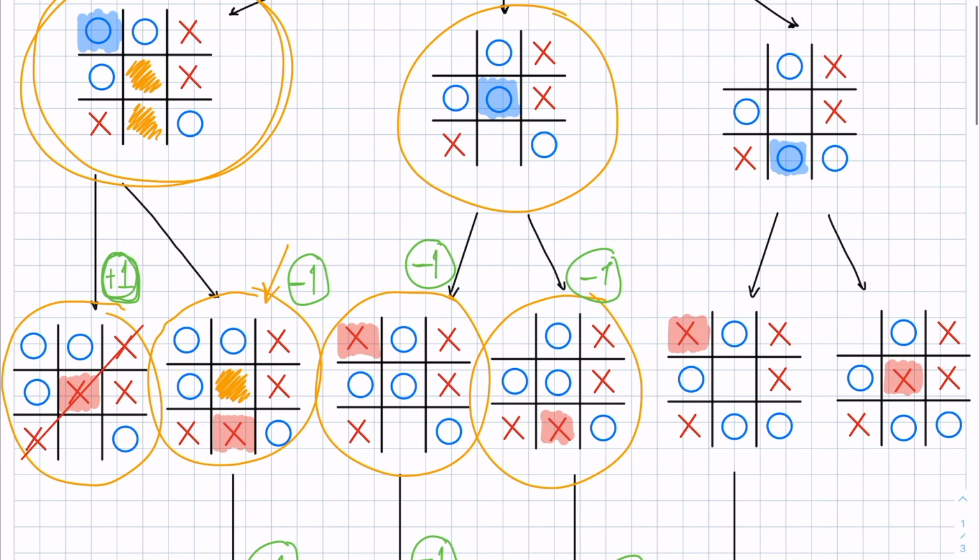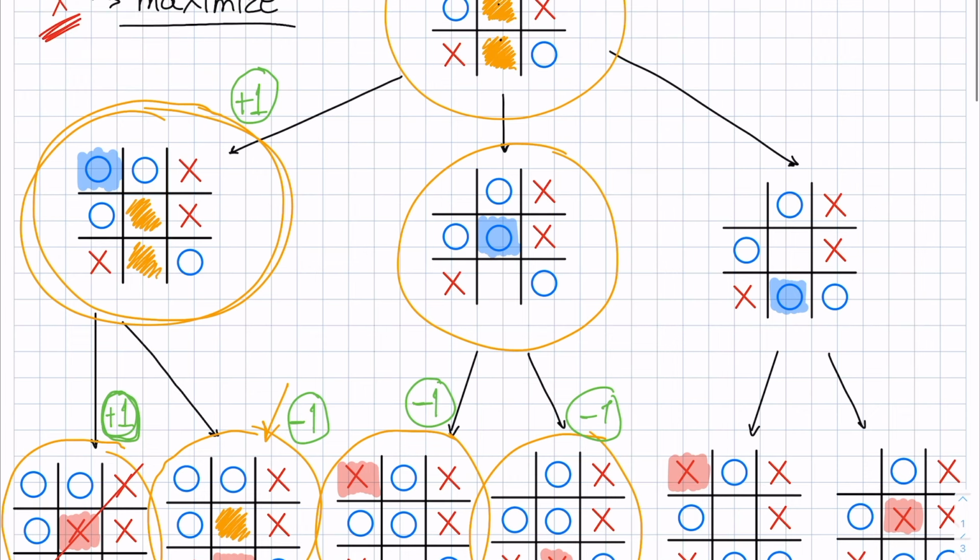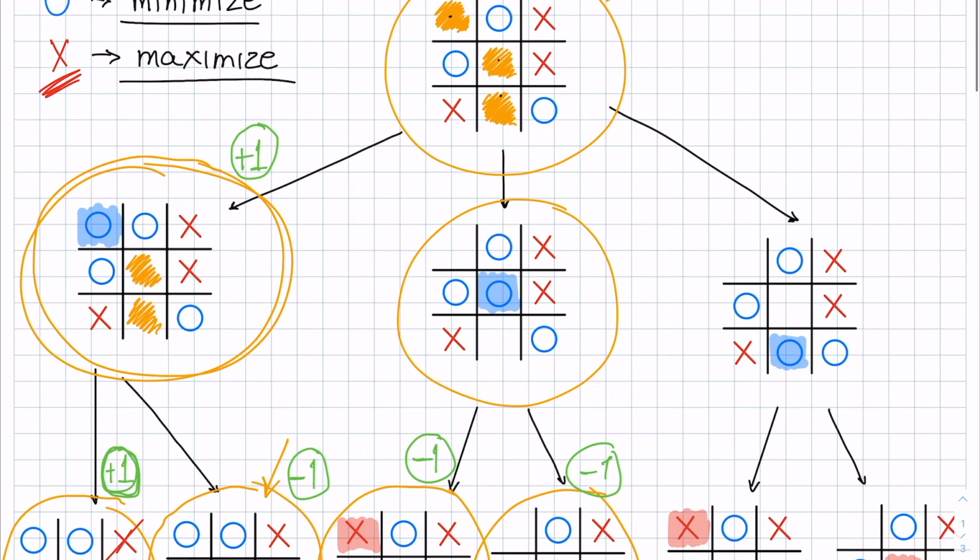However, both options lead to an evaluation of -1. So this branch is not going to be good for our maximizing player. In other words, if the maximizing player reaches this branch or starts going through this path, he's going to lose. So this board returns an evaluation of -1.